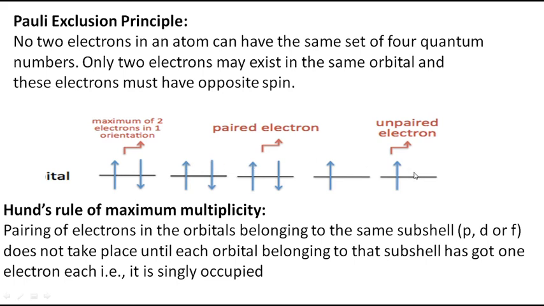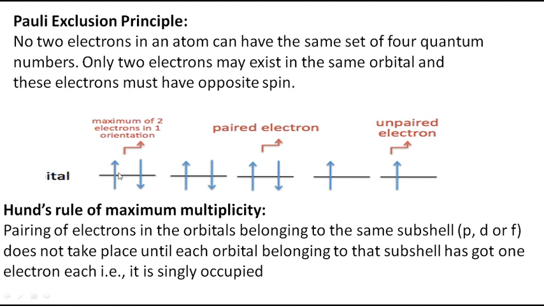How would the filling take place? Initially you have to distribute 1 electron to each orbital. Then only the pairing will take place. You cannot simply pair it up in each orbital and just go. First you have to fill; each orbital should contain at least 1 electron. Then pairing would take place. That is called Hund's rule of maximum multiplicity.